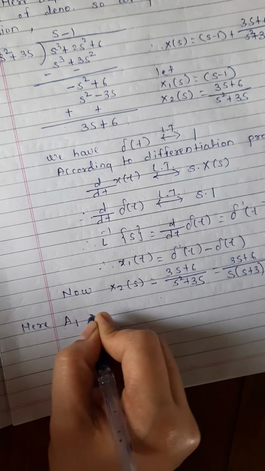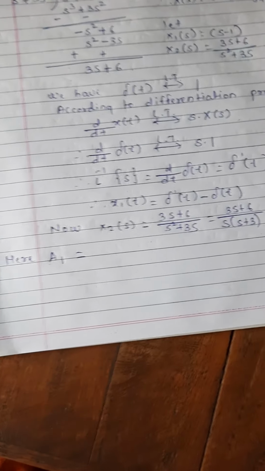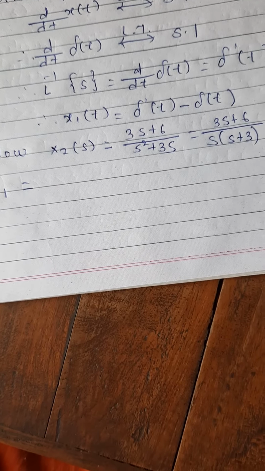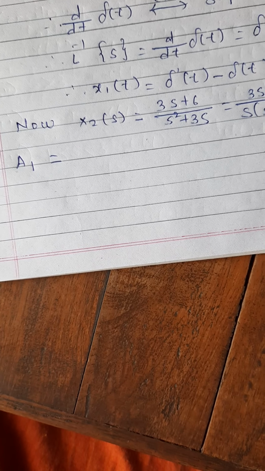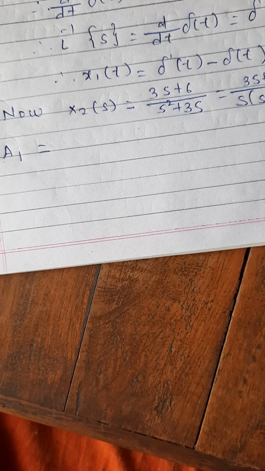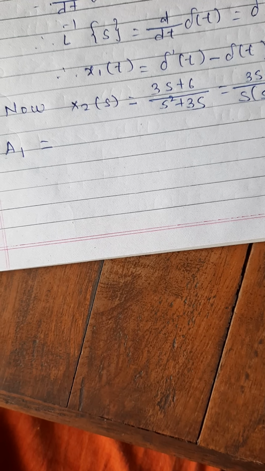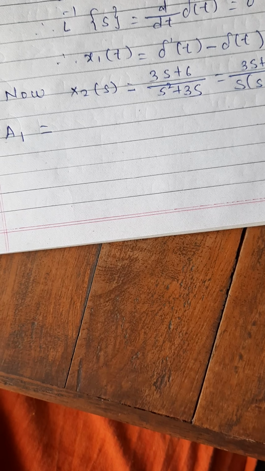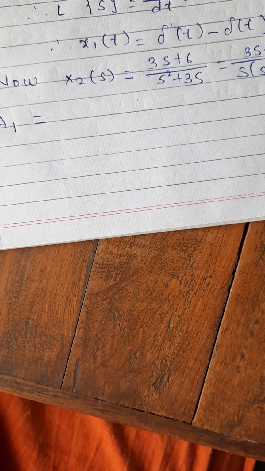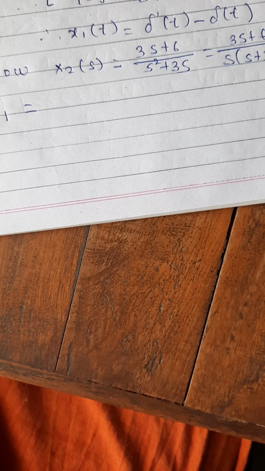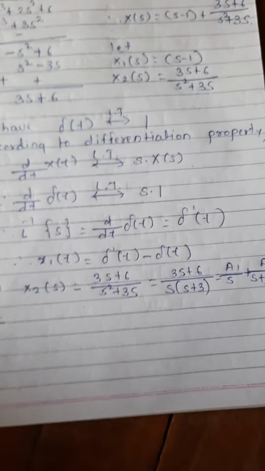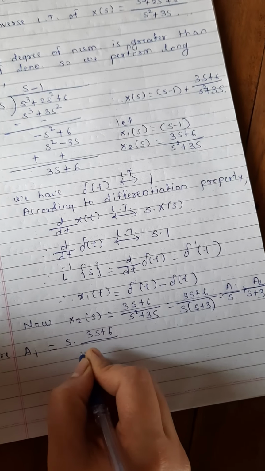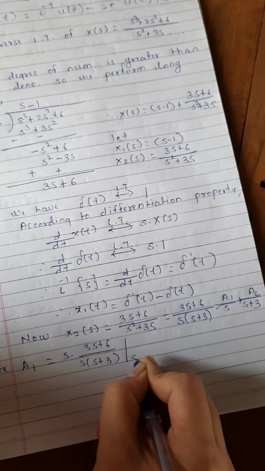So here A1 is equal to s into (3s plus 6) divided by s into (s plus 3), at s is equal to 0.